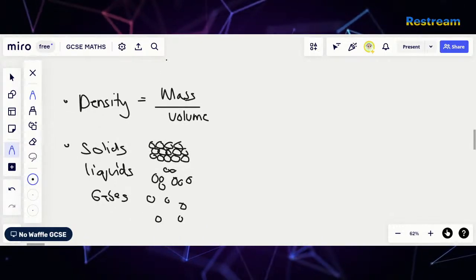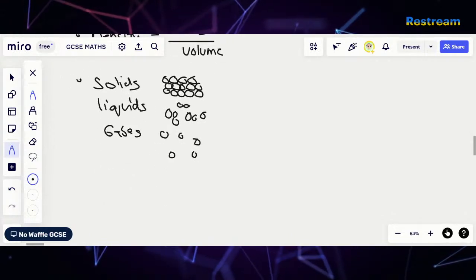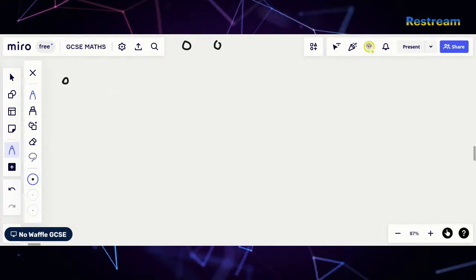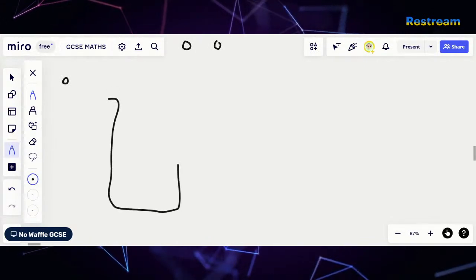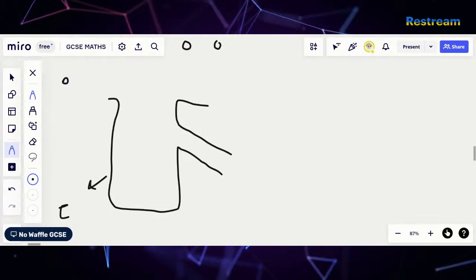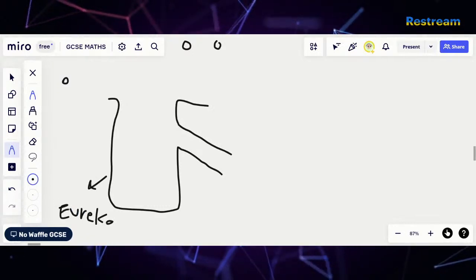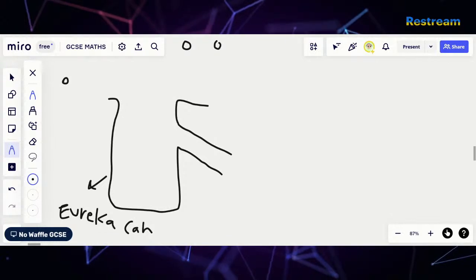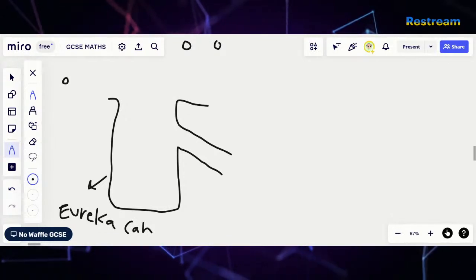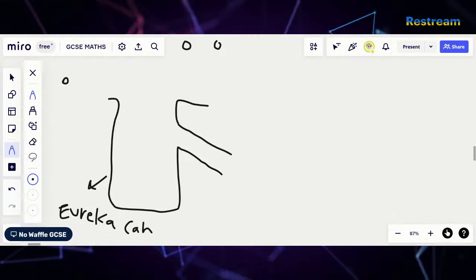Now, measuring the density is actually a required practical in this topic. So let's just quickly go through it. We have something in science called a eureka can, and this is used mainly in this required practical to measure the density of irregular shaped objects.